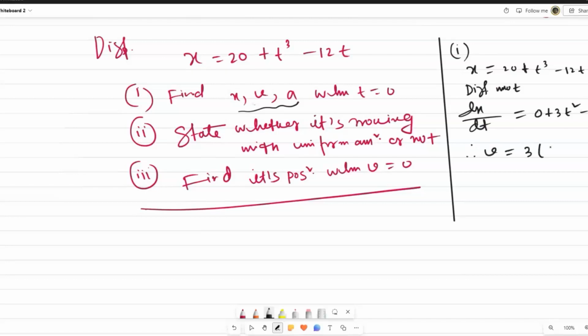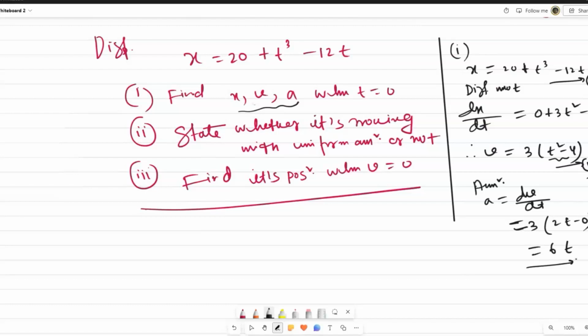Therefore, v equal to 3t square minus 12. Now acceleration will be what? A equal to dv by dt, the expression we have seen before. 3 is a constant, it will be there, derivative of this thing, 6t. Now, let us find x, v, and a when t equal to 0.